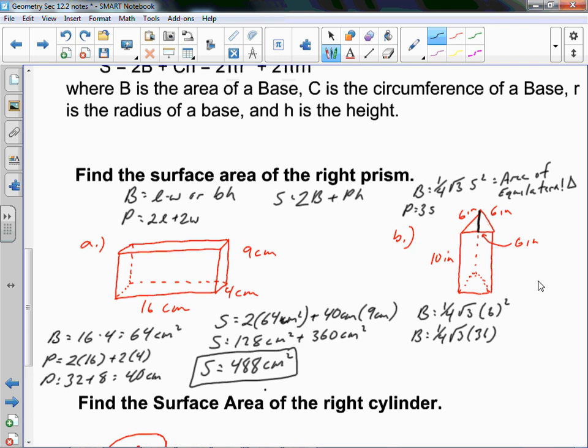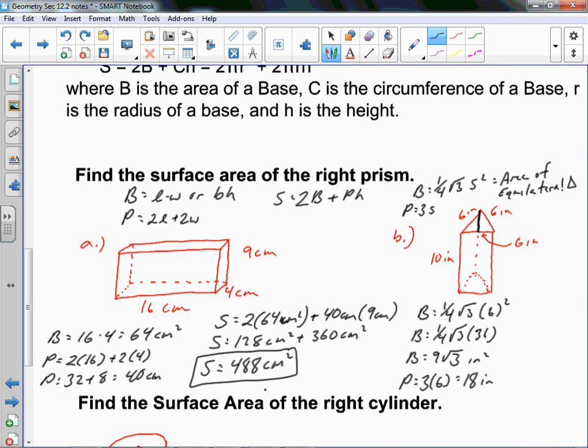And if you multiply 1/4 times 36, or divide 36 by 4, that gives us 9 square roots of 3. The perimeter is 3 times the length of the side, or 3 times 6, which is 18. So 9 square roots of 3 inches squared for the area of the base, and 18 inches for the perimeter.